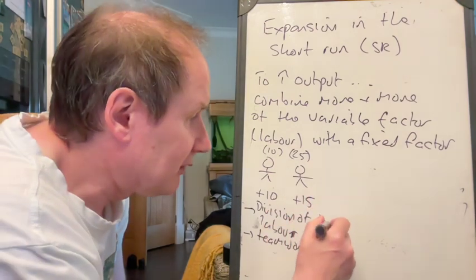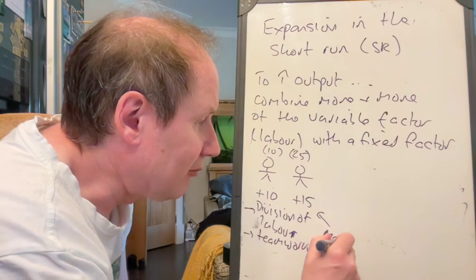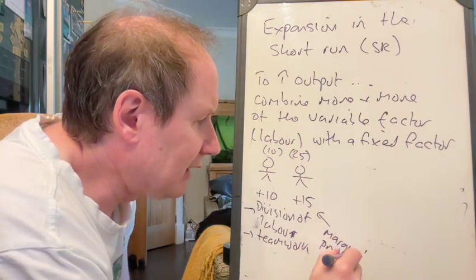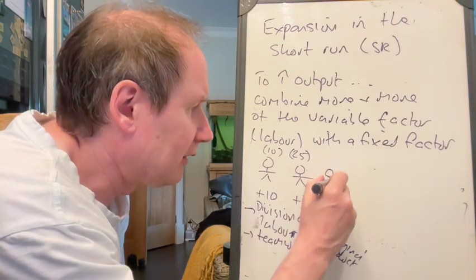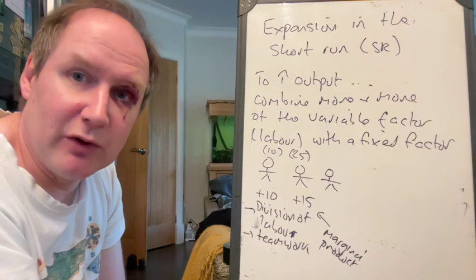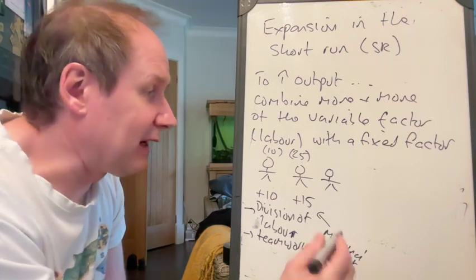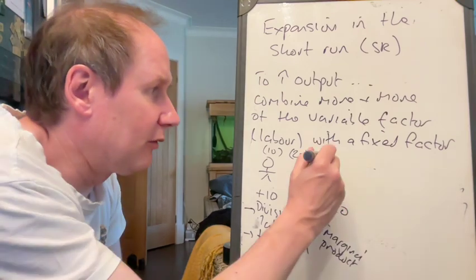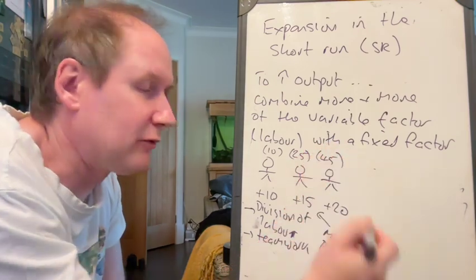Let's suppose we add a third worker. Again, maybe we can do further teamwork and division of labour. Maybe they add an extra 20, so now our total has gone up to 45.